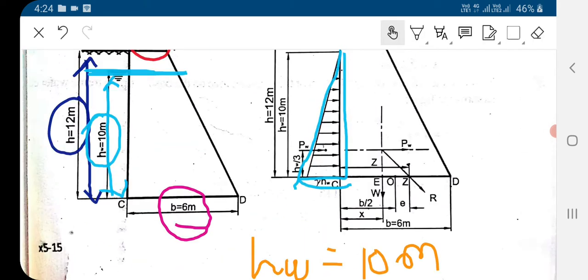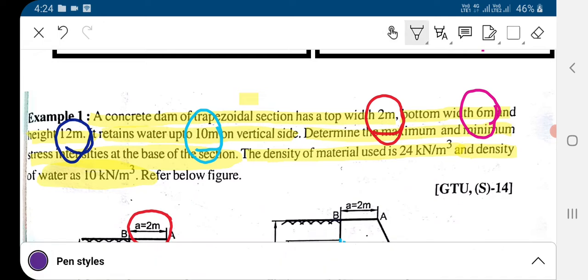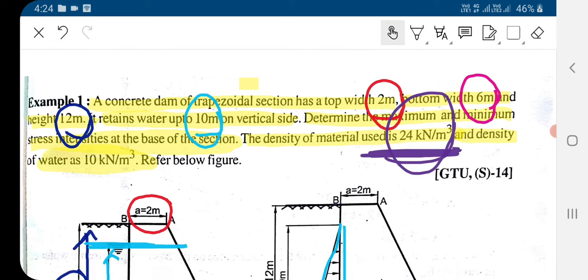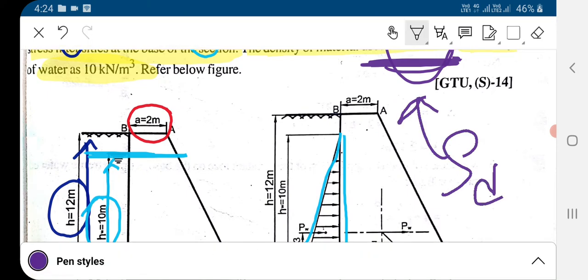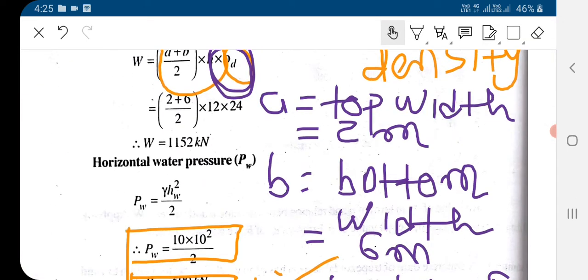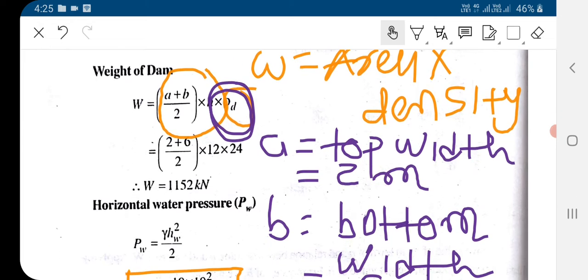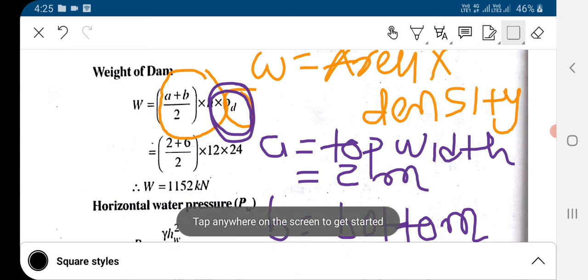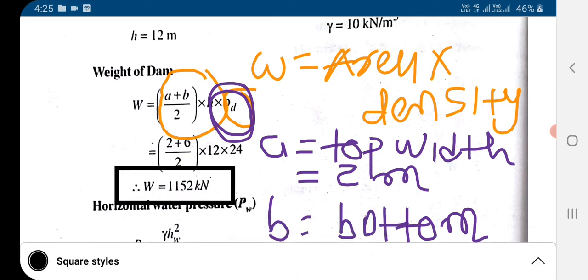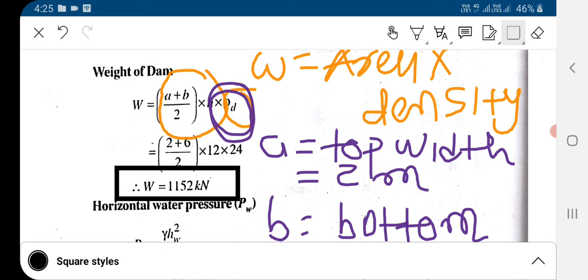So here in the question, the density of dam material is given as 24 kilonewton per meter cube. This value is the rho D, density of the dam material. So by putting this we can easily find out the weight of the dam, that is coming out as 1152 kilonewton.